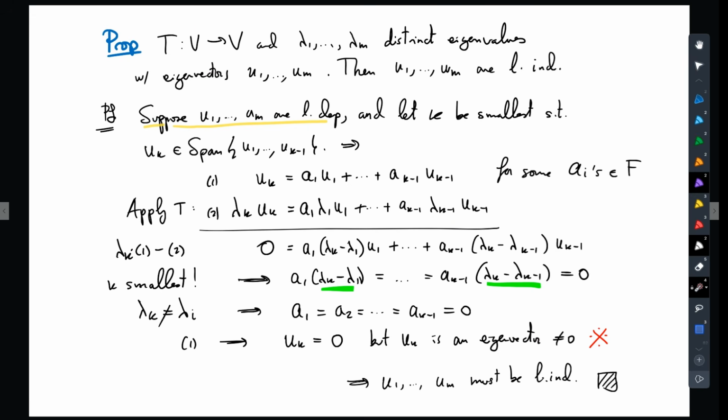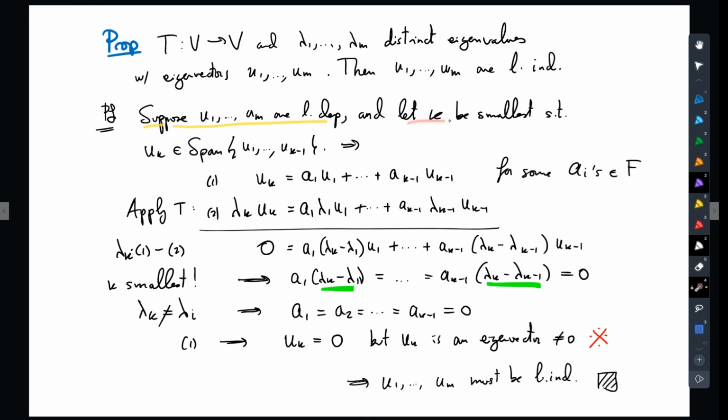If I have an operator such that lambda 1 through lambda m are distinct eigenvalues with eigenvectors u1 through um, then these vectors are linearly independent. And I remark again that these are for distinct eigenvalues. So suppose for a contradiction that those eigenvectors are actually linearly dependent.